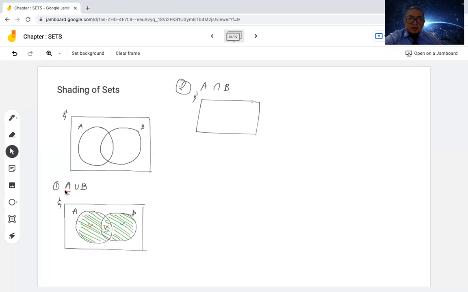So when you say A intersect B, and they are in the universal set, you're going to make A and B inside again. And then from there, you're going to take again A, this is your A. And B is this one.